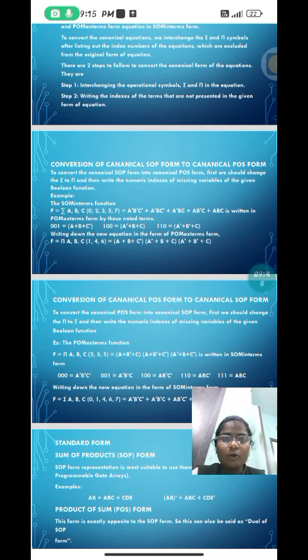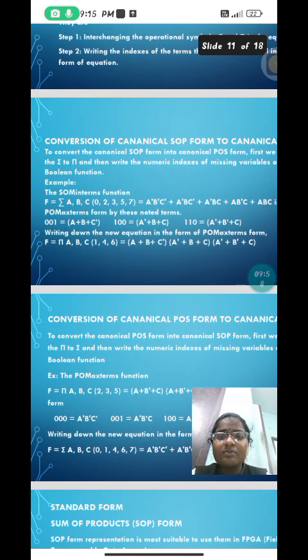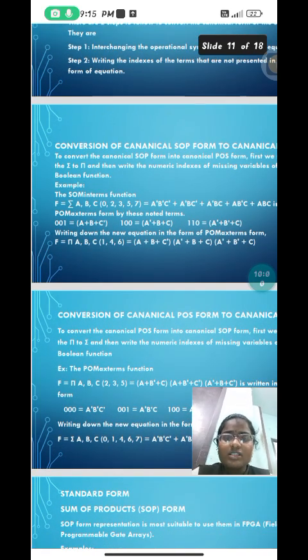This means sigma to pi; we change the symbol and then write the numeric indices of the missing terms of the given Boolean function. For example, sum of minterms: f of summation a, b, c of 0, 2, 3.